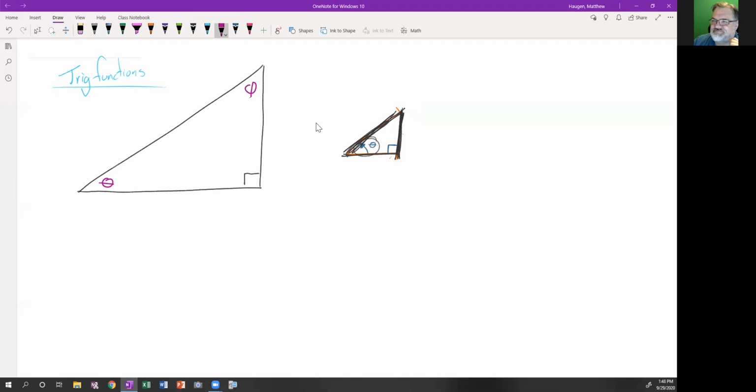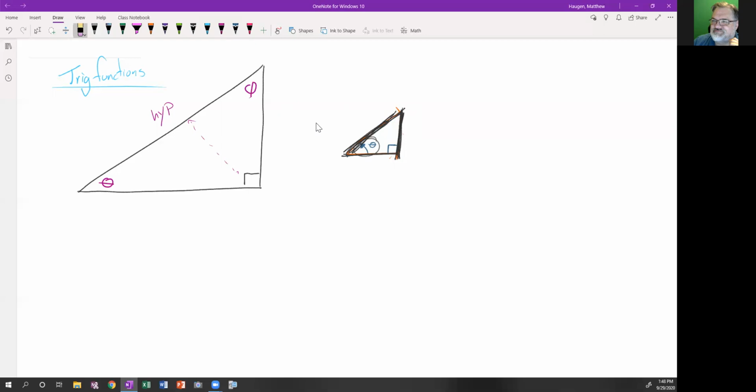And the sides of a right triangle have some special names that we're probably somewhat used to. The side opposite the right angle is referred to as a hypotenuse. The other two sides are referred to as legs, but we often reference them in terms of their angles.